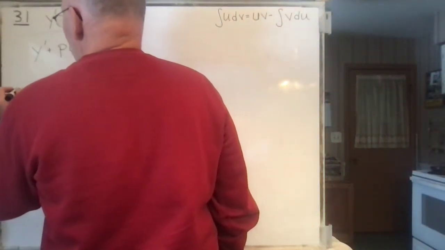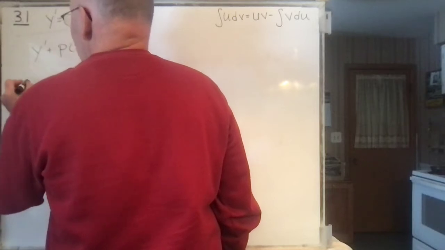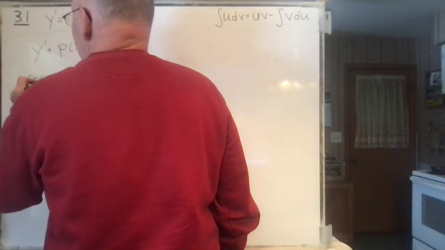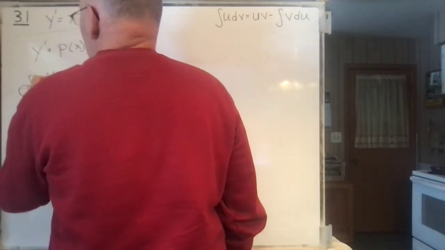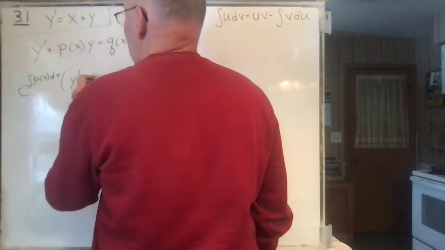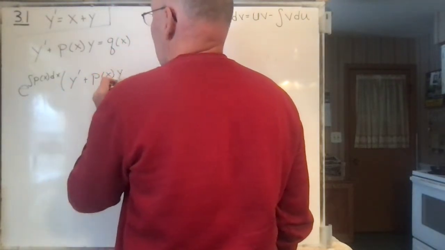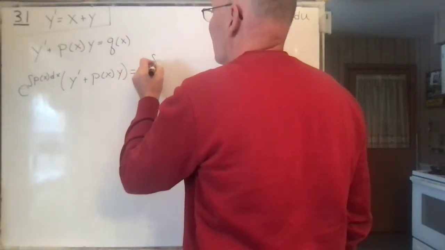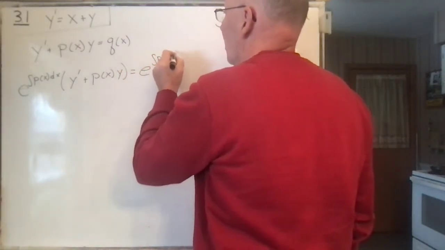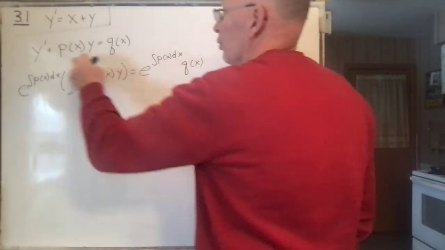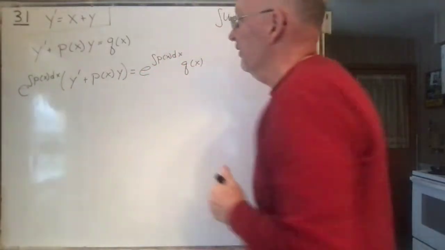What we do is we multiply both sides by e to the antiderivative of p of x. Okay, if you have two things that are equal, you can multiply them by the same thing and they'll still be equal.